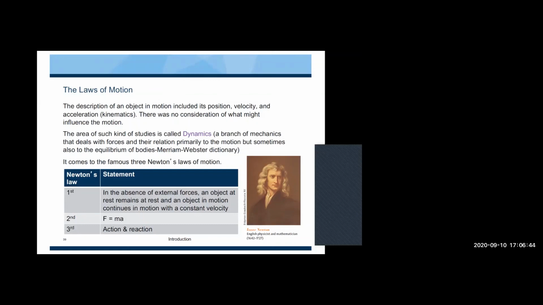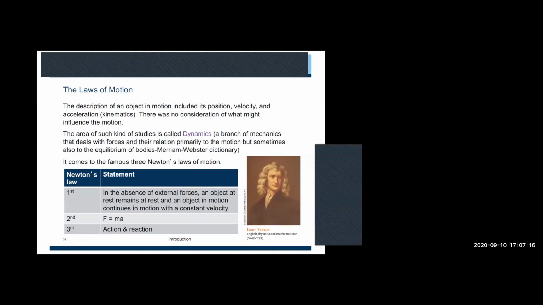But the importance of these laws of motion is that we are trying to jump out from simply knowing how the objects move into the important fact of why the objects move. Once we know why they move, we could start to control them. So first, we take a look at the three laws as a statement.